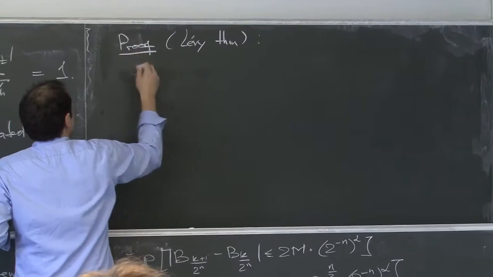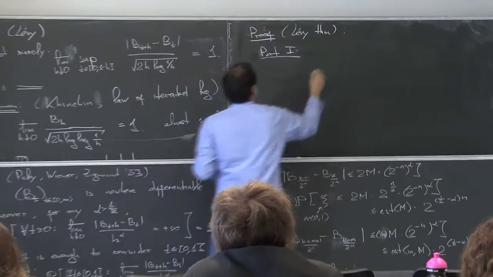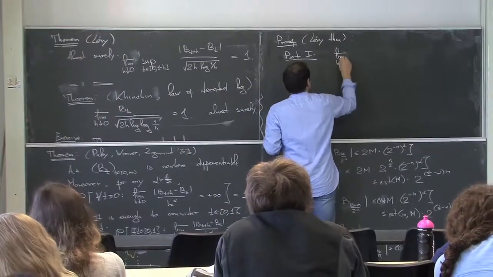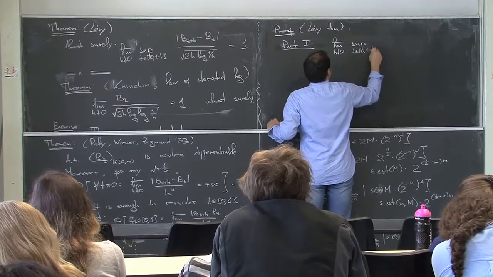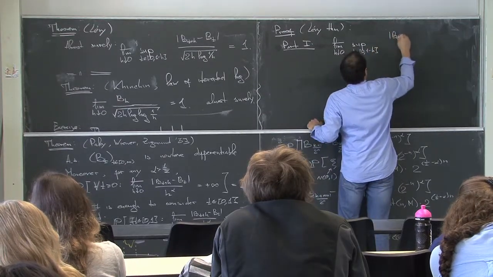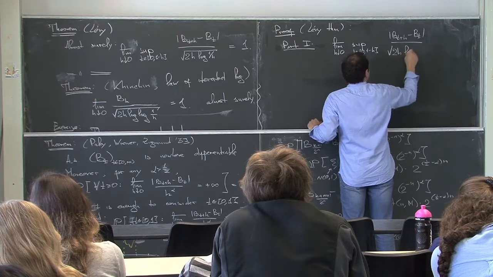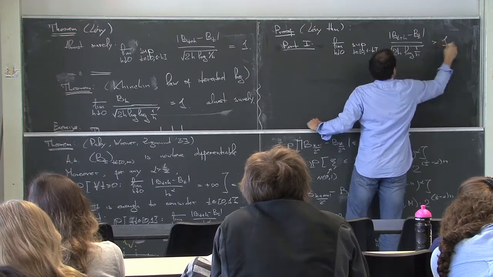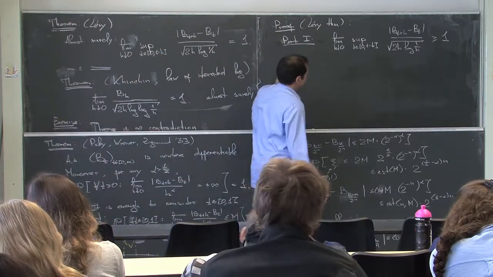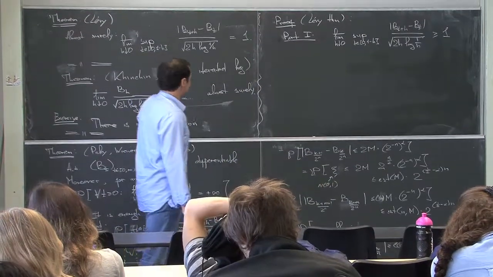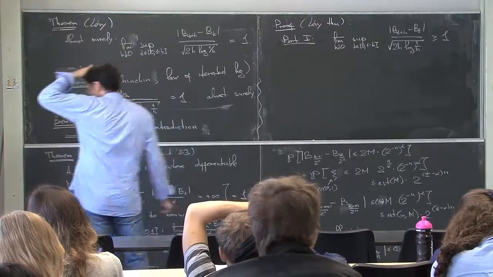There are two parts, and part one is why this is actually greater than or equal to 1. So it must be easy.